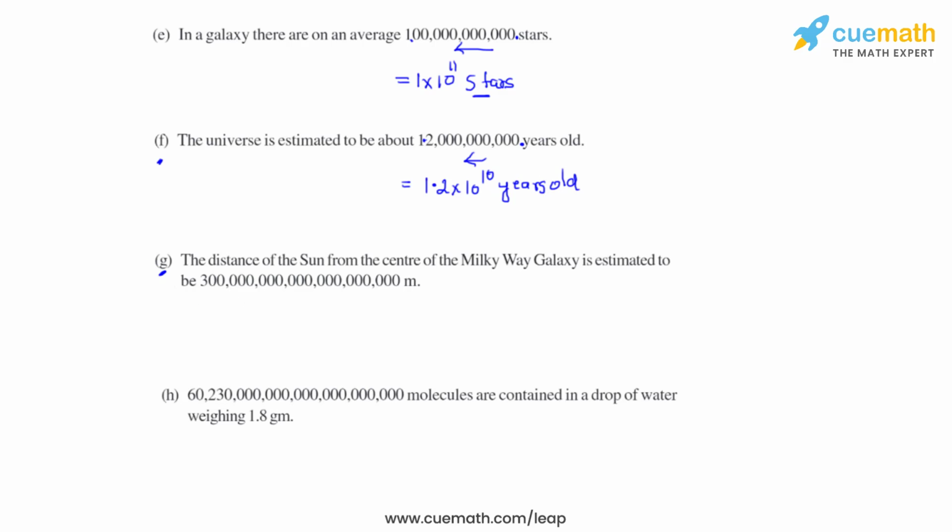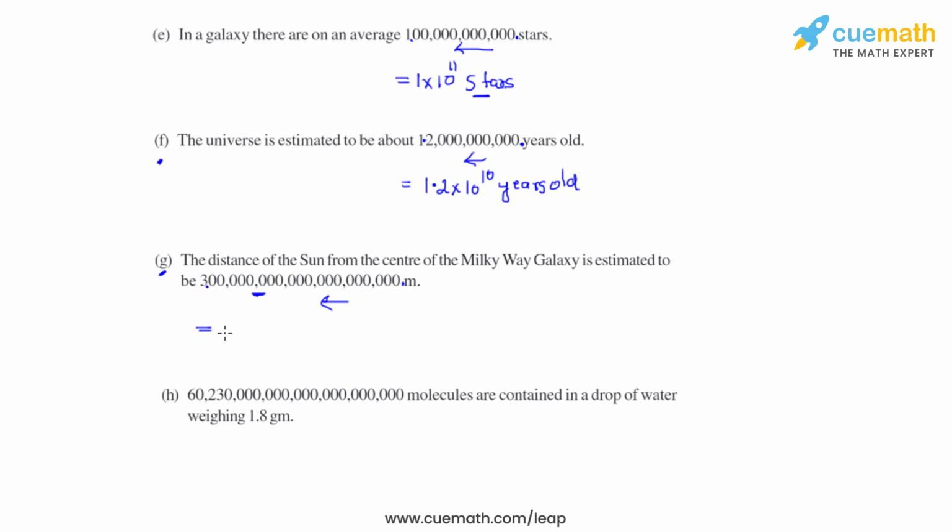Coming to part G, it says that the distance of the Sun from the center of the Milky Way galaxy is estimated to be such a huge number in meters. The decimal is here. We'll count by how many places do we have to move the decimal towards left so that it is between 3 and 0. So on counting, we will get the answer as 20.